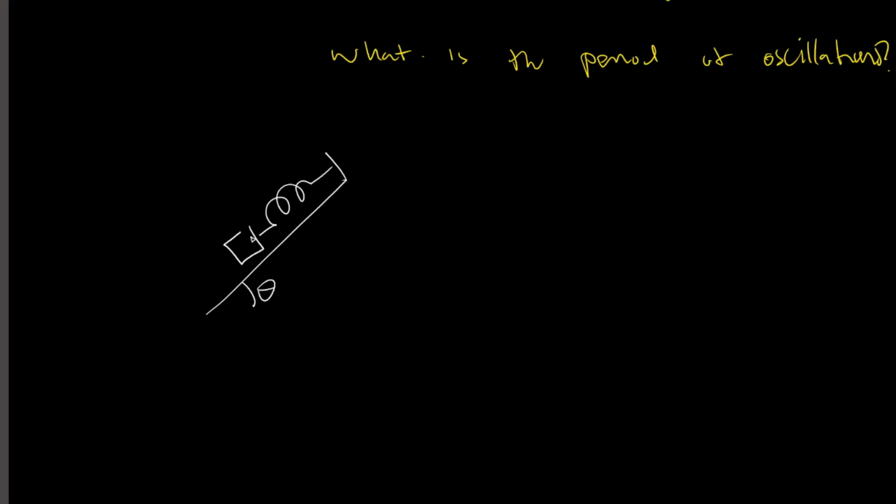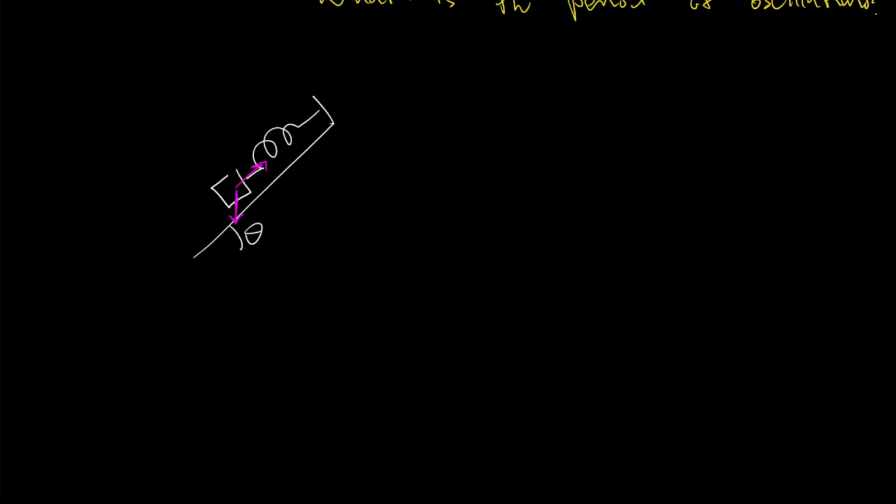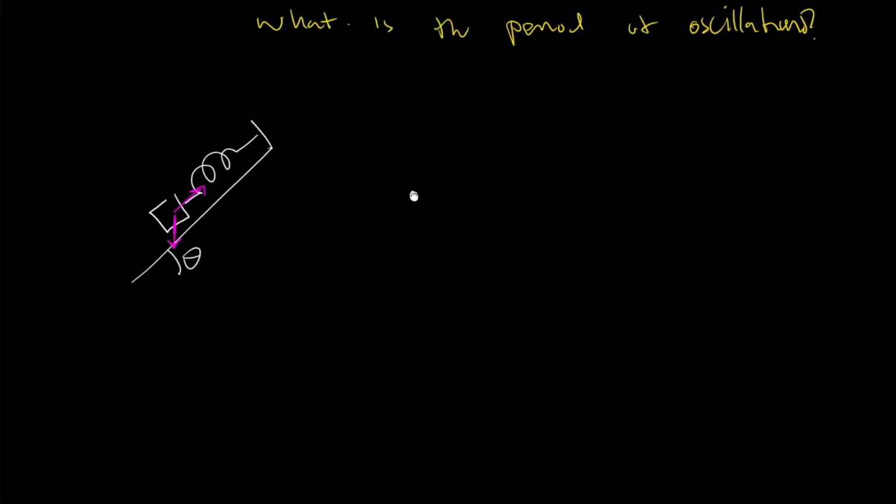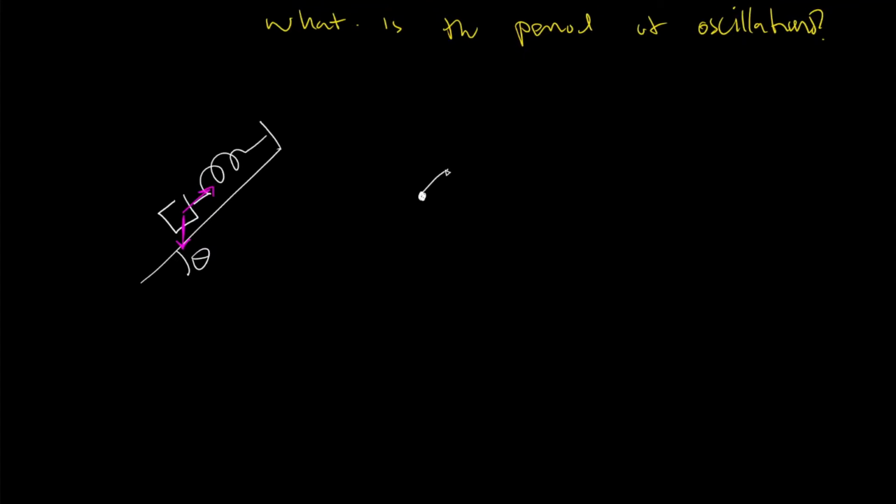So there's two forces on this box: it's being pulled up by that spring, and it's being pulled directly down by gravity. So we can draw a free body diagram. We have that force from the spring, and we have that force from gravity. Oh, and it also has a normal force, since it's in contact with the ramp.